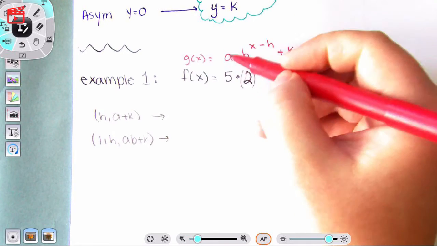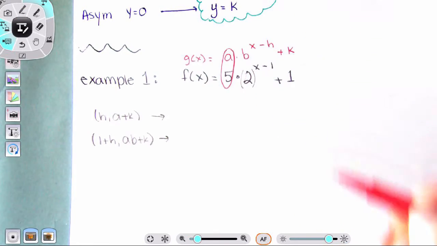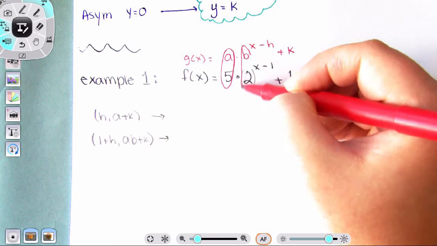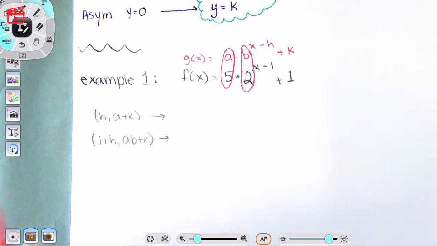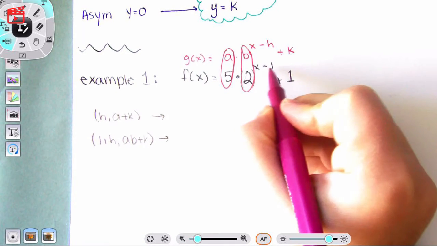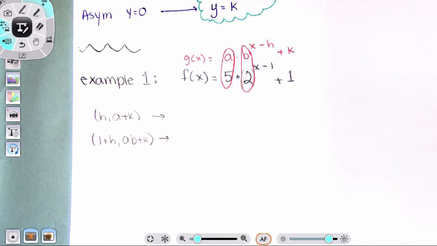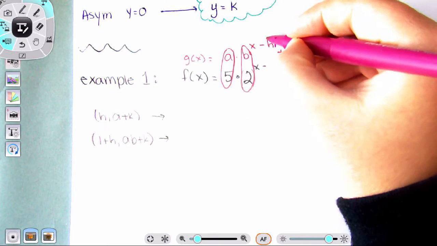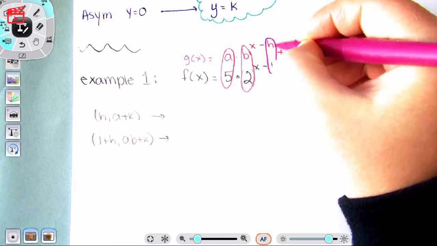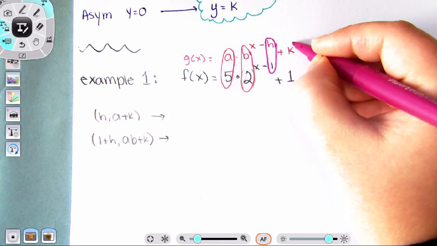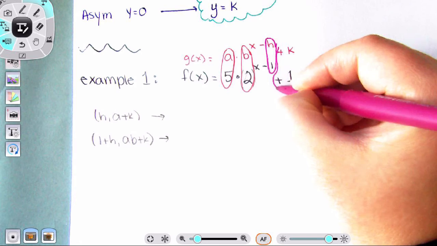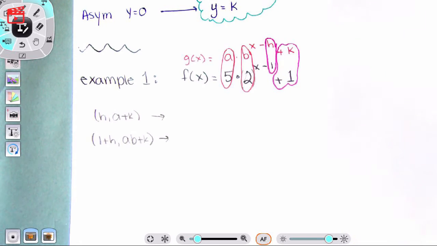Now we have our a value, we have our b value, and this is where sometimes it gets tricky to identify what exactly h is. Whatever number you see here, so if you see -1, it's going to be the opposite of that. So our h is +1, and our k you take with the sign. So our k is +1 as well.